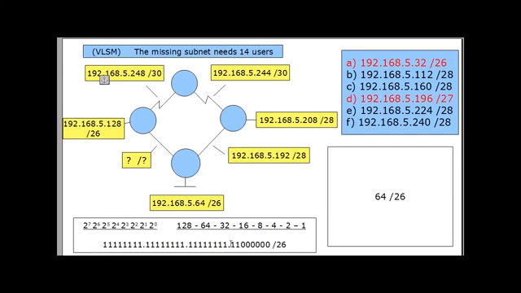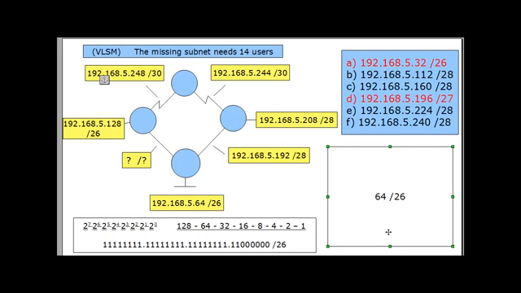And we see that in this last octet we've got 2 ones, which would be the 128's place and the 64's place. So this last borrowed bit is in the magic number position, which is the 64 position. So the network is size 64, magic number 64.